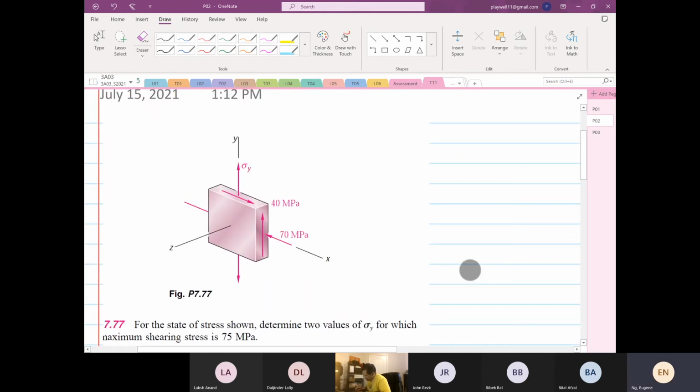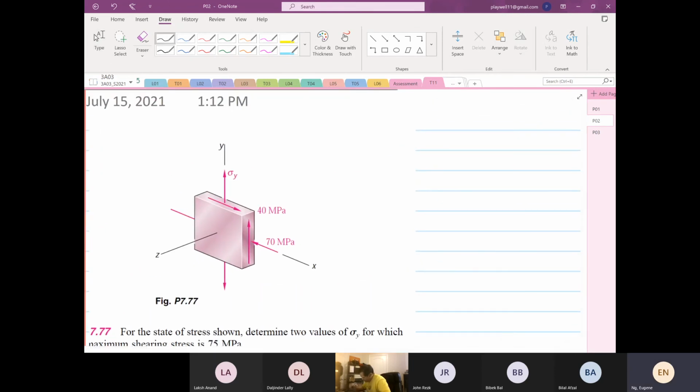So given to us in this problem, we have stress X equal to minus 70 megapascal. We are given that shear XY is equal to shear YX, and this is equal to positive 40 megapascal.